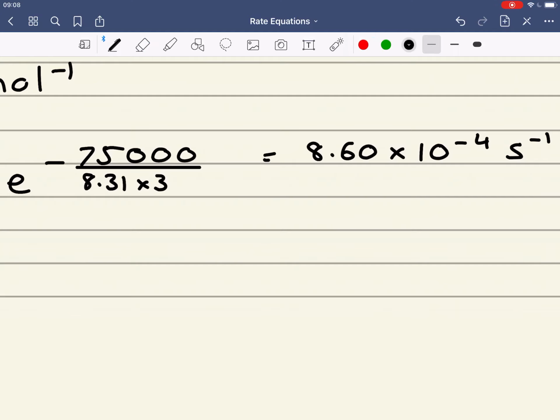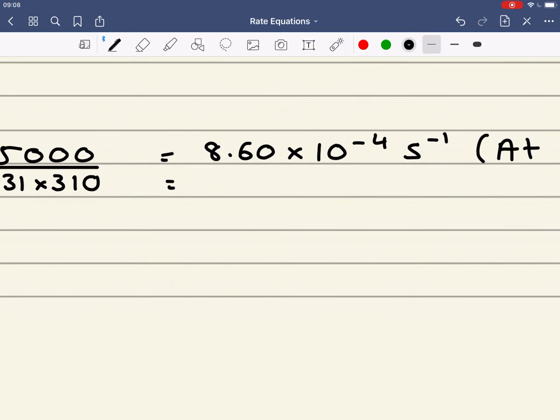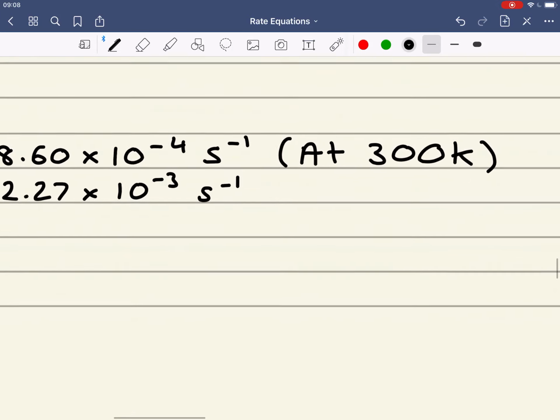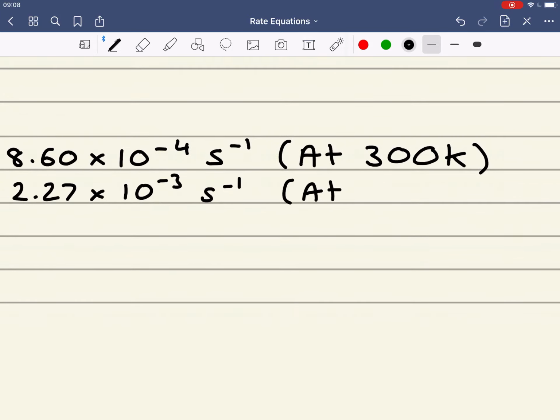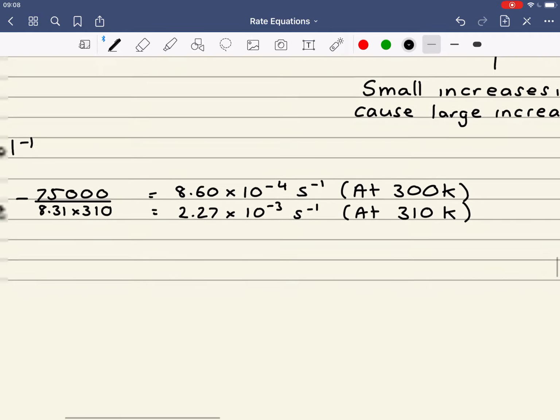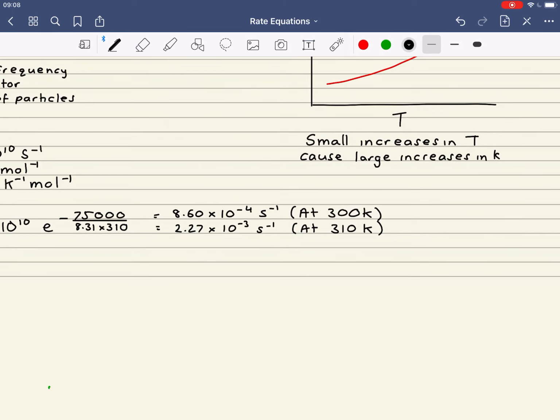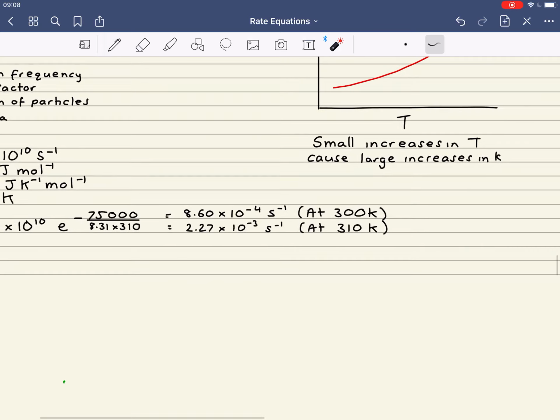So if I change this to 310, everything else is constant, I actually get now a value of 2.27 times 10 to the minus 3 seconds to the minus 1, and that's at 310 Kelvin. So we can see there a 10 degree increase has caused the rate constant to more than double. So that backs up the statement that a small increase in T causes a large increase in K.